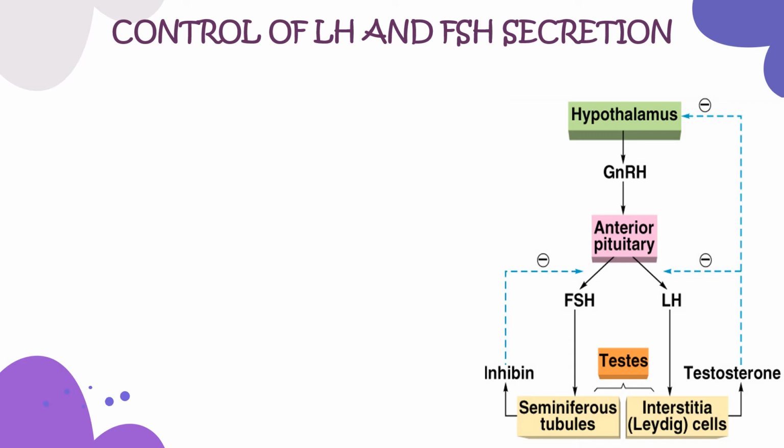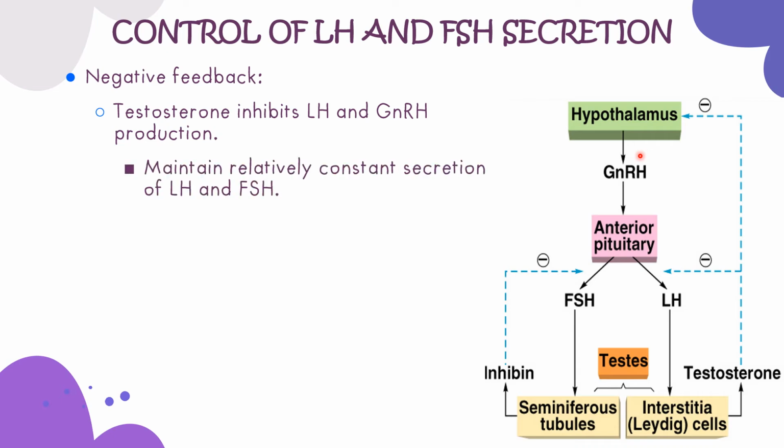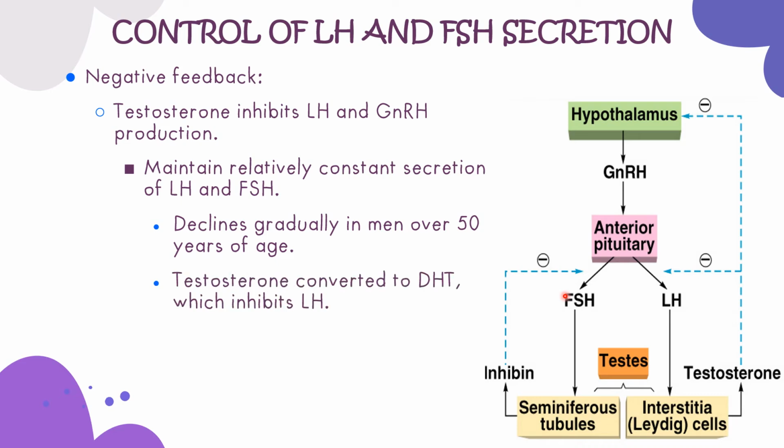Control of luteinizing hormone and follicle stimulating hormone secretion. Negative feedback: the testosterone secreted by the Leydig cells inhibits the LH and the GnRH secretion. It maintains the relatively constant secretion of LH and FSH. Testosterone secretion declines gradually in men over 50 years of age.